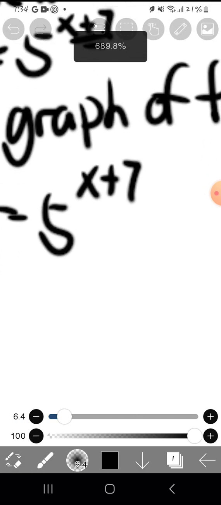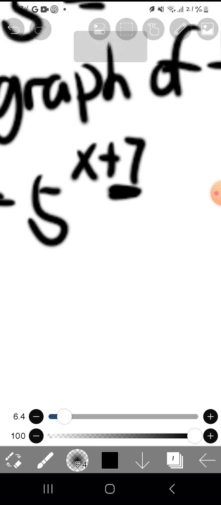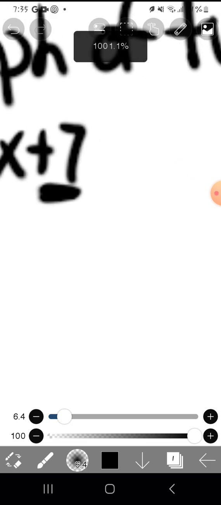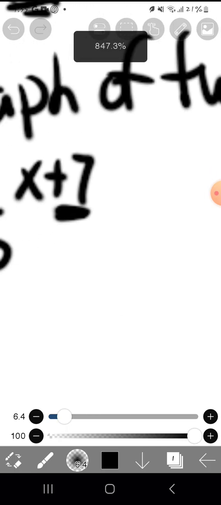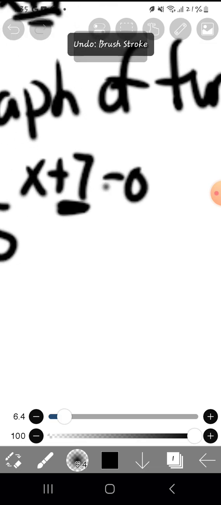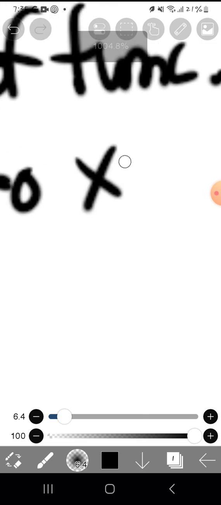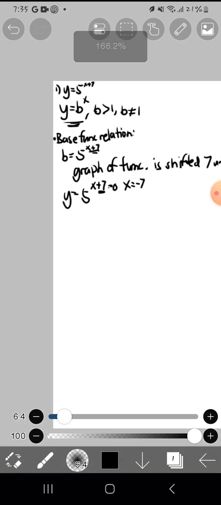The adding or subtracting of an integer is occurring in the exponent. And since we have x plus 7 as the exponent, we're going to equate it to 0. Therefore, x is equal to negative 7. So, what does that imply basically?